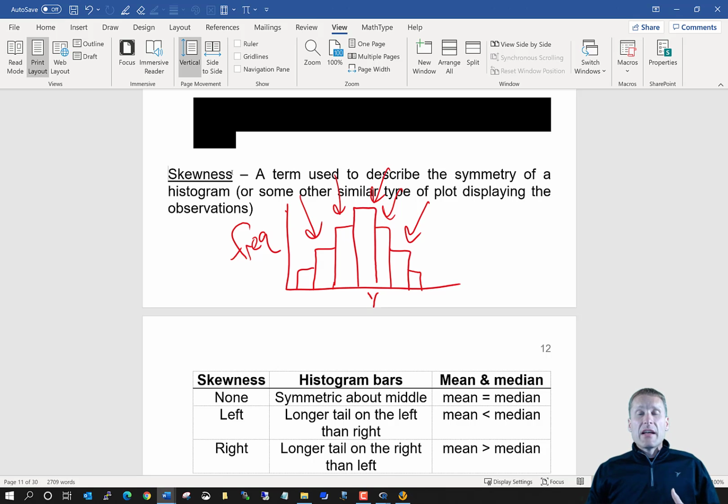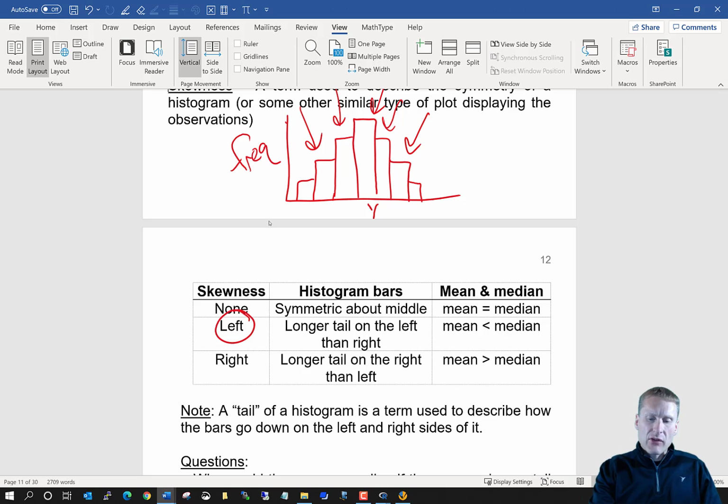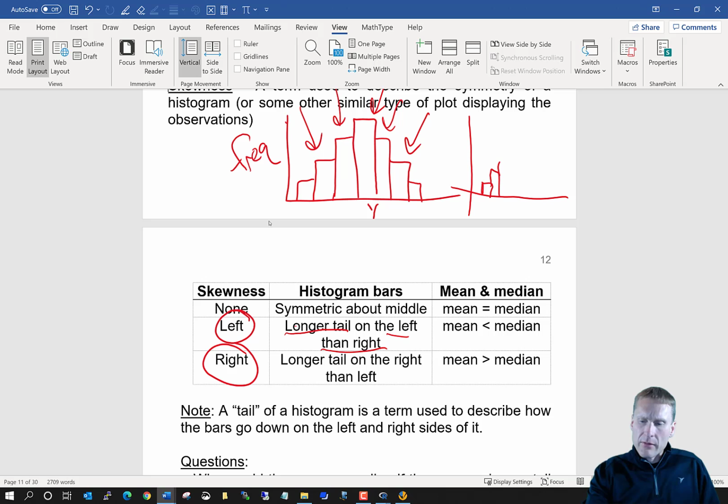And we would say the distribution of these counts is not skewed. However, we could have situations where we have left skewed or right skewed histograms. A left skewed histogram would be where we have a longer tail on the left side than on the right side. What that means is our histogram could look like this.